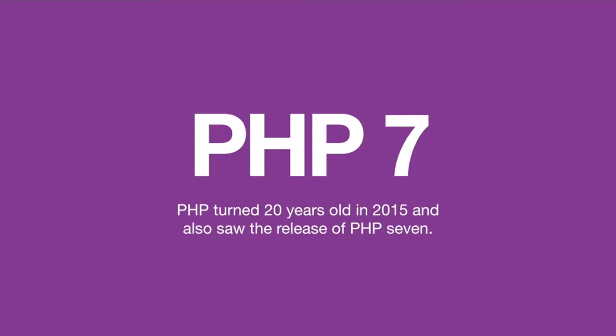Another thing, too, is PHP turned 20 years old in 2015 and saw the release of PHP 7. That was a big deal because it was basically making PHP run faster. That was a lack of PHP. It was slow, so that's why you got these asynchronous languages like Node.js that popped up, and people wanted to make the switch.